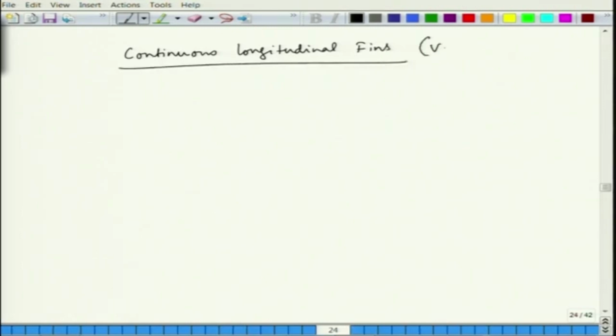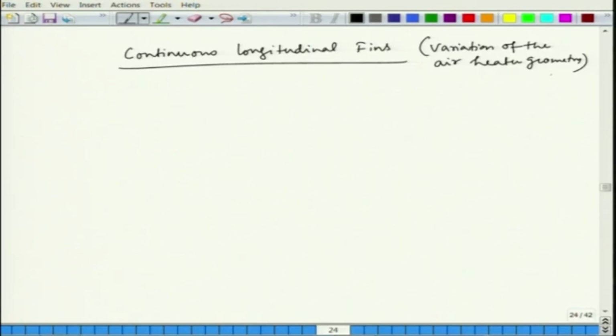Okay. So, this is a variation, but a very common variation of the air heater geometry. Okay. So, what do we mean by continuous longitudinal fins?